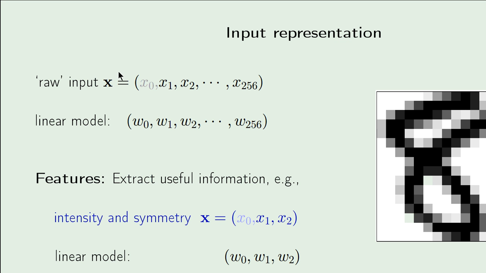So you can transform the original input vector x0, which is the constant weight, x1 to x256, by just x0, x1, and x2, and the weights will be just w0, w1, and w2. The idea is that you are greatly reducing the dimensionality of the input space, and we'll see later why this is important.